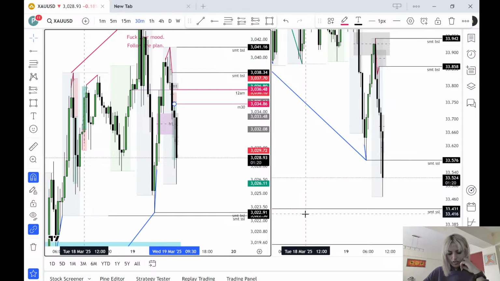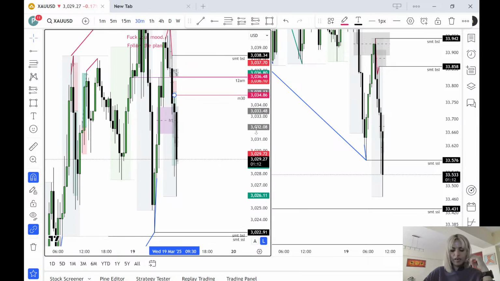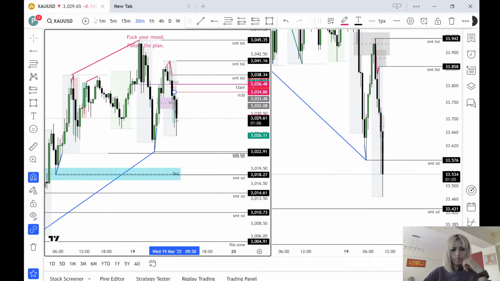Tony is asking, do you expect gold to take out London low? I don't necessarily expect it to take out London low, but I would love to see it take out London low, which is a different thing.